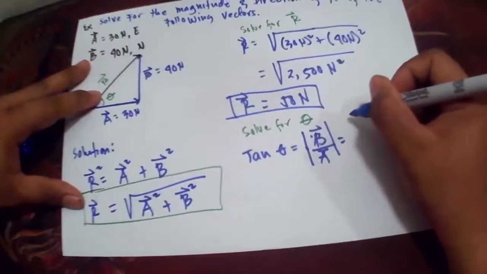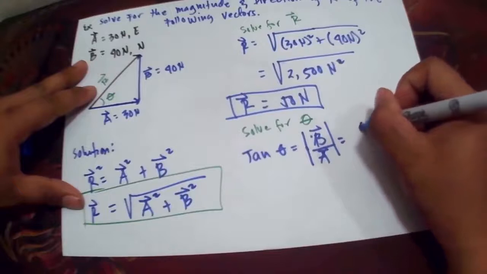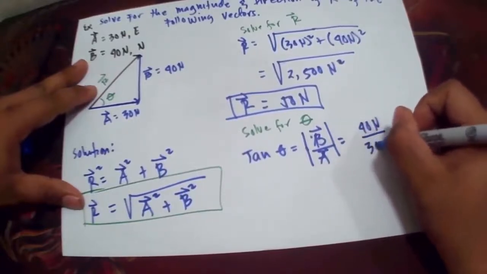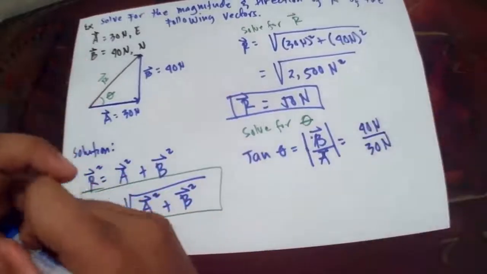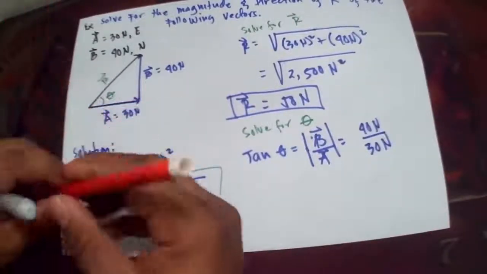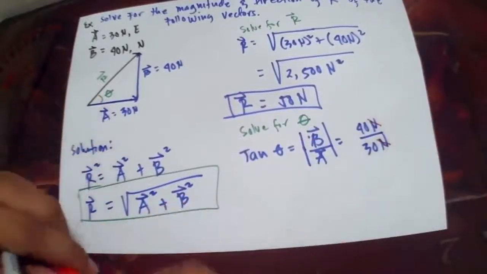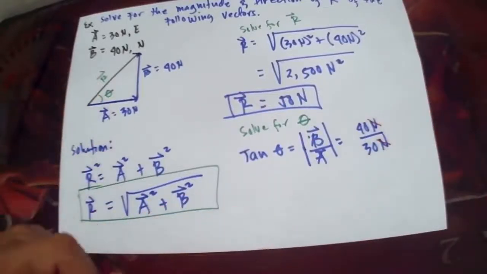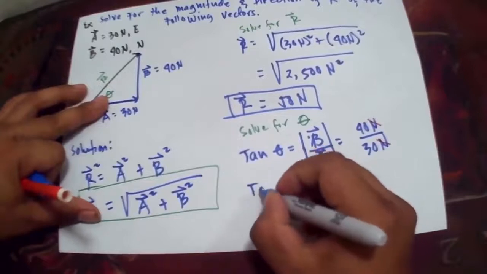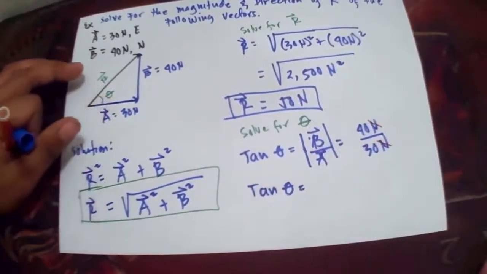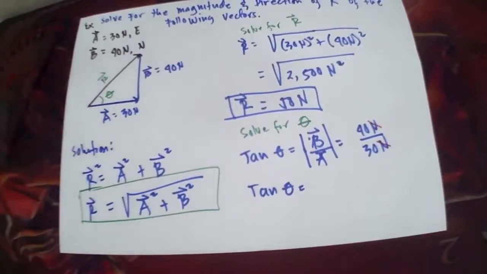So this is equals to 40 newtons over 30 newtons. So we will cancel out the unit here and unit there. So 40 divided by 30, that would give you tangent theta is equals to, I think, 1.33.